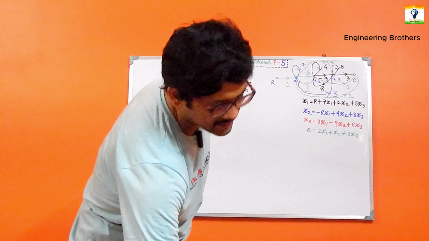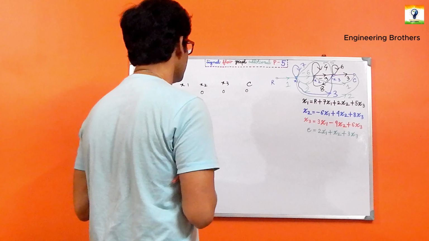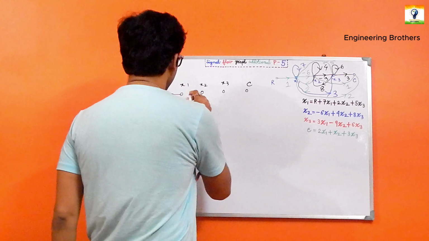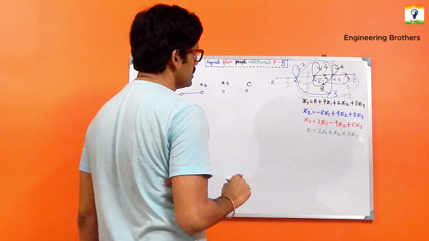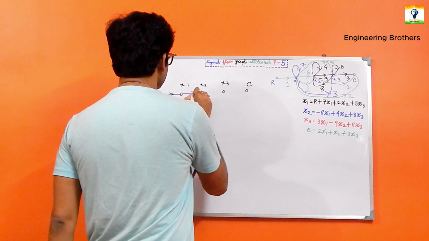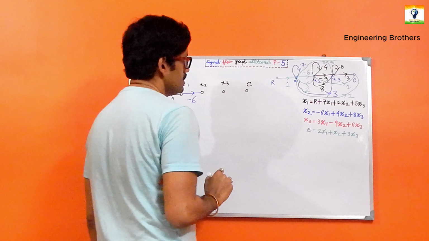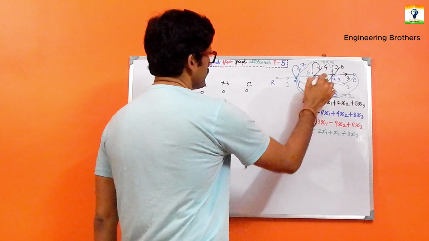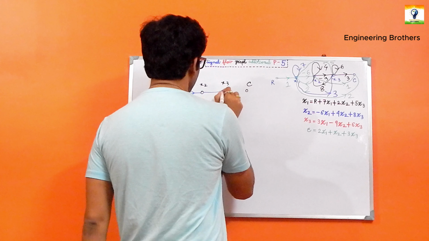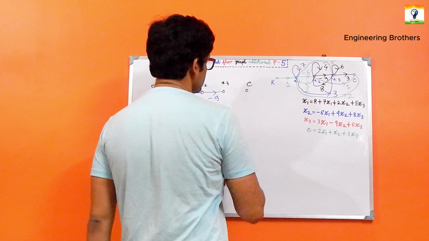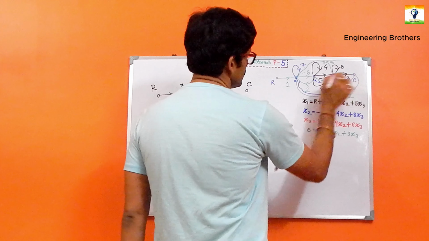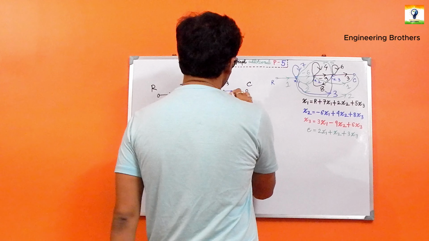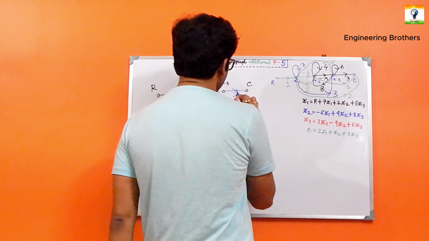Let us connect this individual signal flow graph to have the final answer. In between our x1 and x2, we have got the gain as -6. In between our x2 and x3, we have got the gain as -9. In between our x3 and C, we have got the gain as 3.